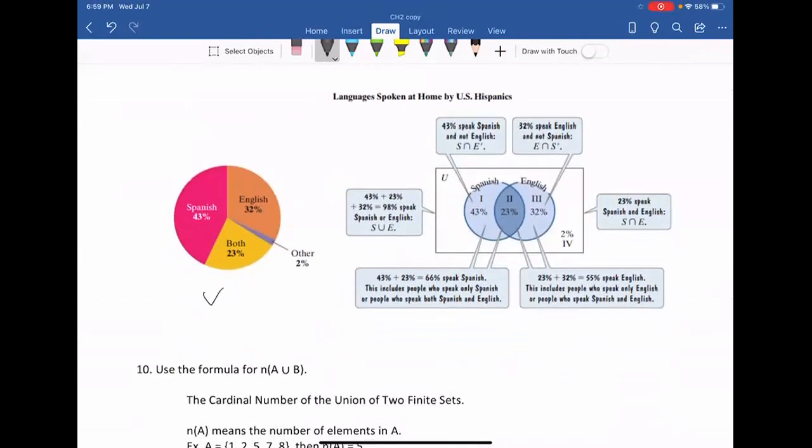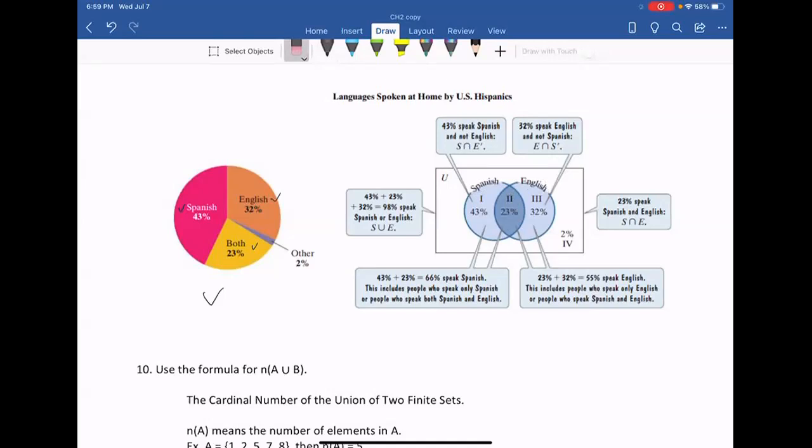It shows people who speak Spanish, speak English, and speak both. And how to use a Venn diagram to express this? This circle is Spanish. This is speak English, and the intersection part is Hispanics who speak both Spanish and English.